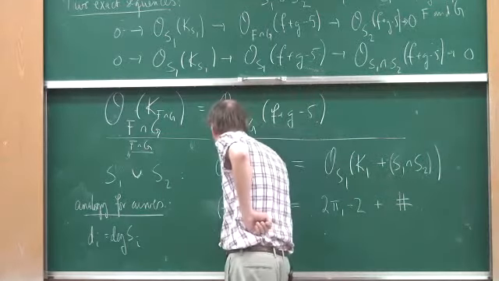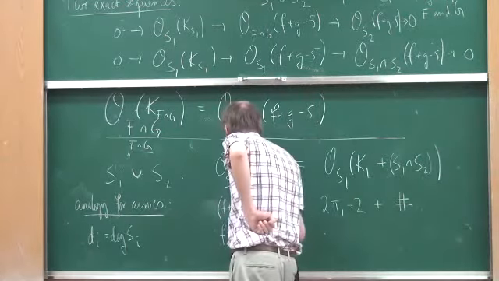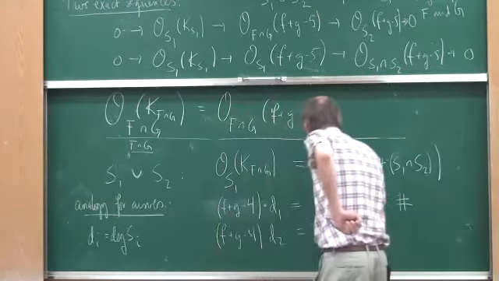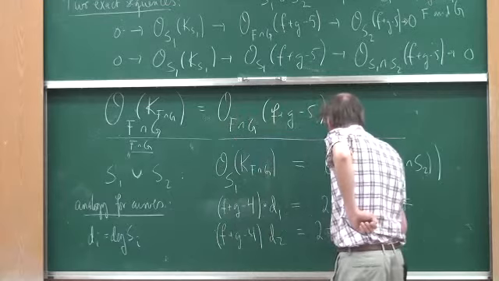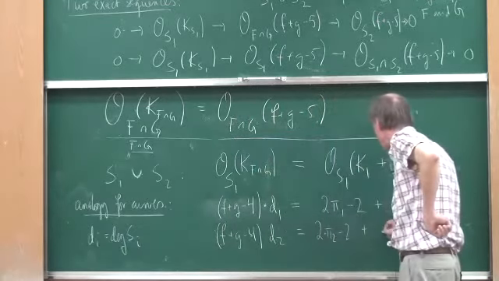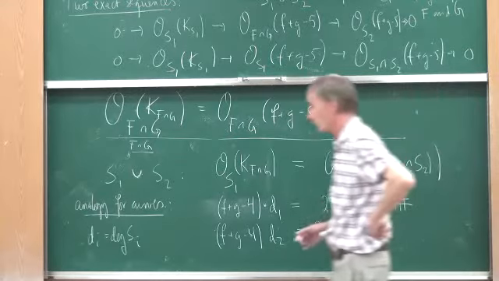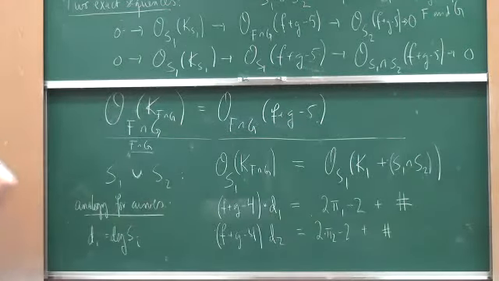Similarly, I would get f plus g minus 4 times d2 equal to 2 pi 2 minus 2 plus the same number, right? If I just switch the 2 to the other side.